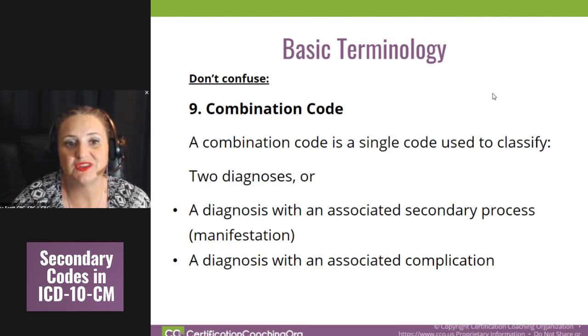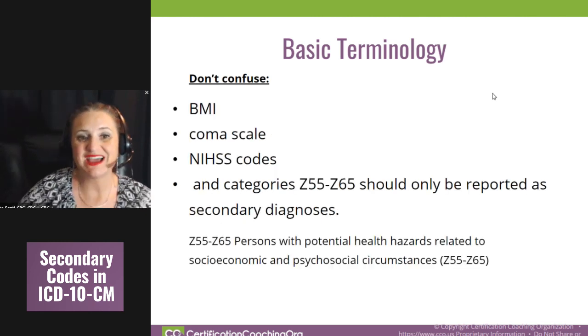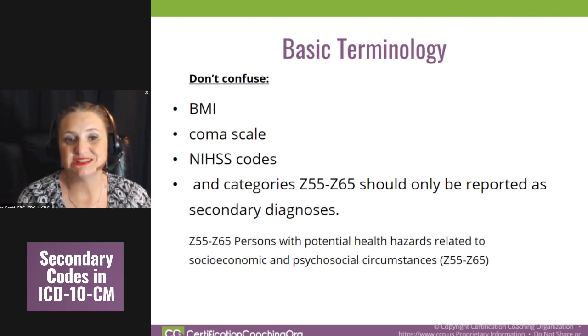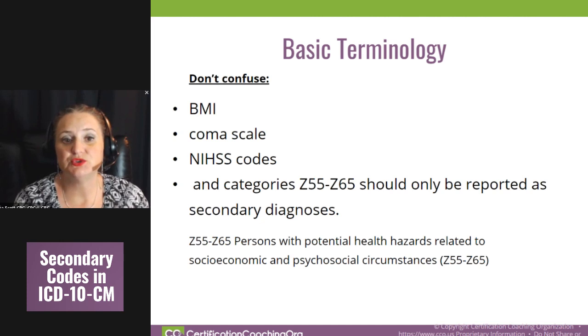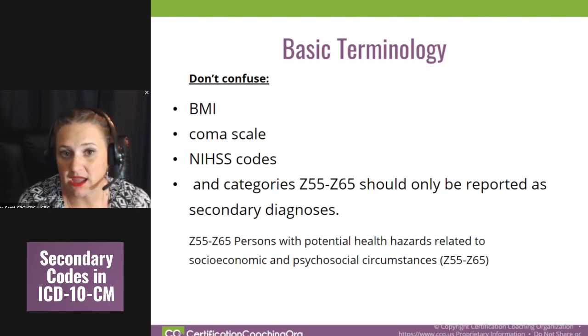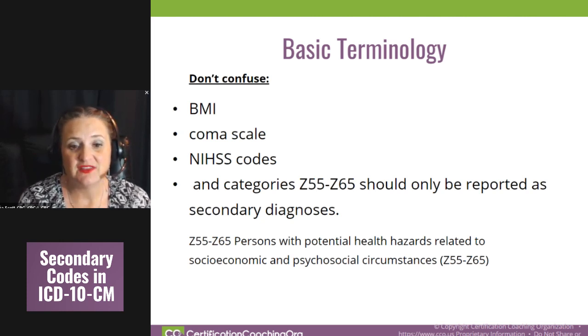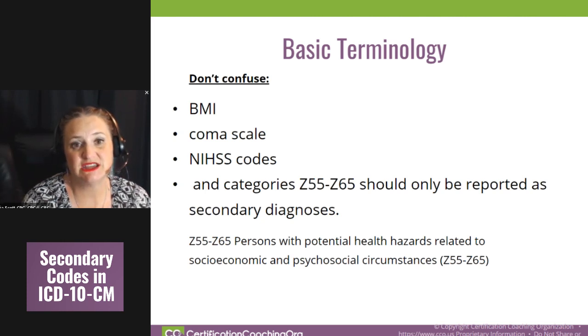Now, don't confuse it either with the guidelines that tell you that you need to use an additional code to code for BMI, coma scale, or the NIHSS, and that is whenever you're going to add those Z codes, Z55 through Z65.